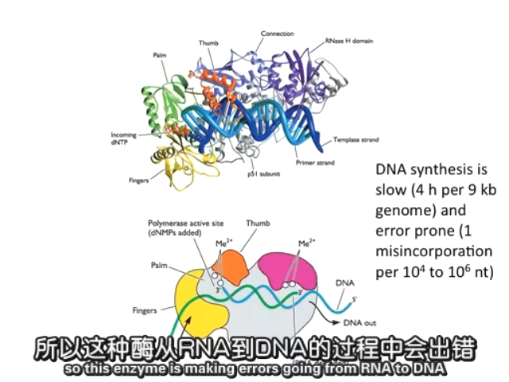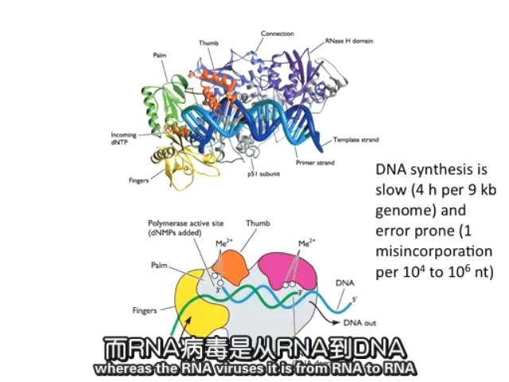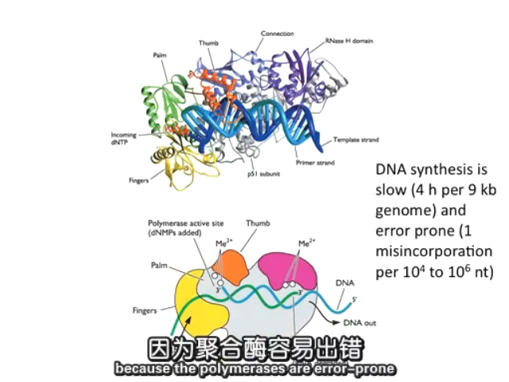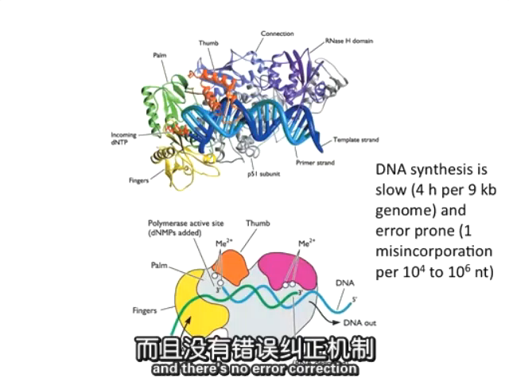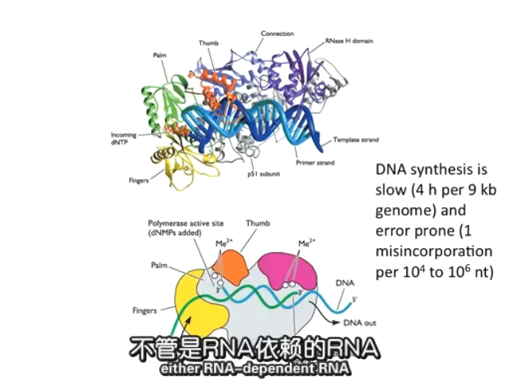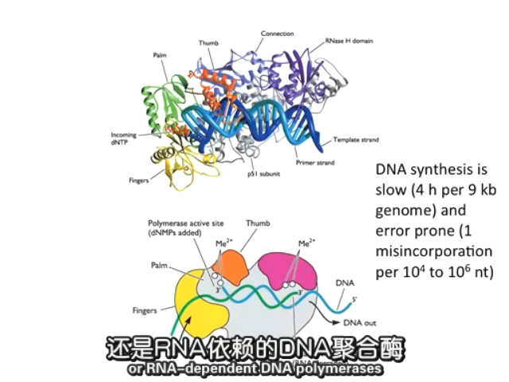So this enzyme is making errors going from RNA to DNA. Whereas in the RNA viruses, it's from RNA to RNA. Because the polymerases are error-prone, there's no error correction, either for RNA-dependent RNA or RNA-dependent DNA polymerases.